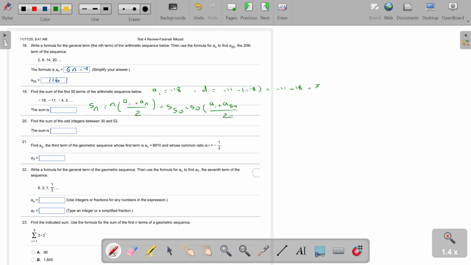But what is my 50th term? So we're going to find the 50th term first, and then we're going to replace that here. To find a50, we need to do a1 plus 50 minus 1 times d, because that's the general term, a1 plus n minus 1 times d. So we replace n with 50. What is a1? That's negative 18.